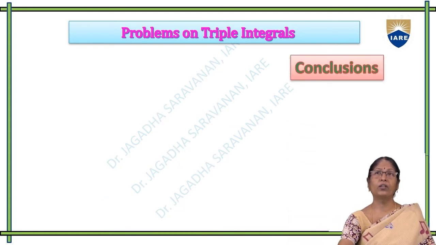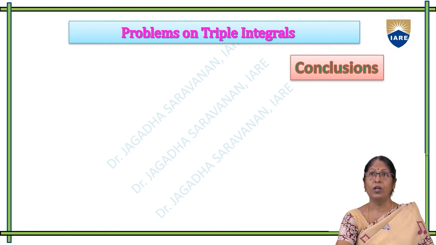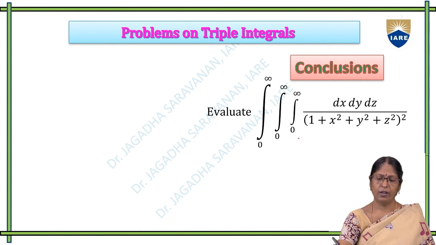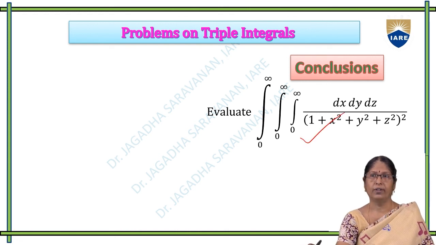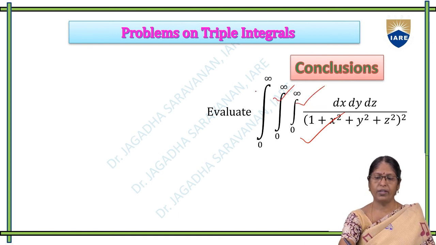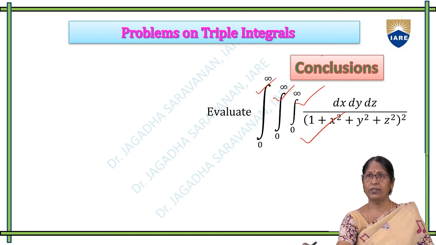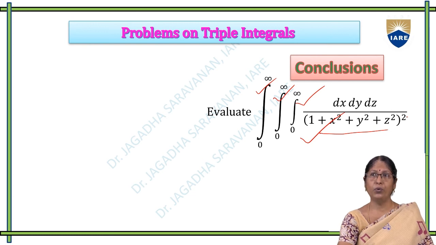So we will come to a conclusion of this topic, problems on triple integrals. First we have taken the problem: evaluate the triple integral from 0 to infinity, 0 to infinity, 0 to infinity. The given problem is in 3 dimensions. But looking at this function, if we do it in Cartesian form, the integration will become more complicated.